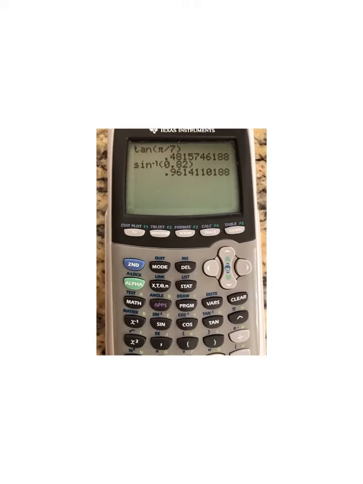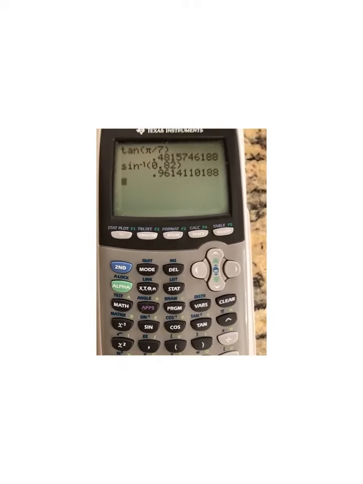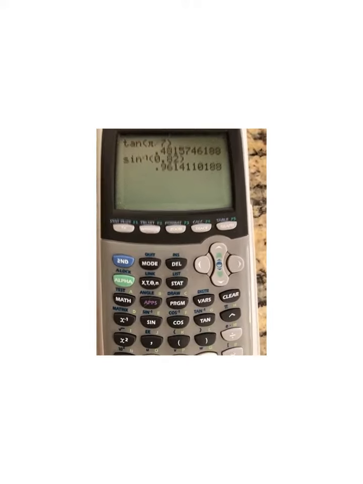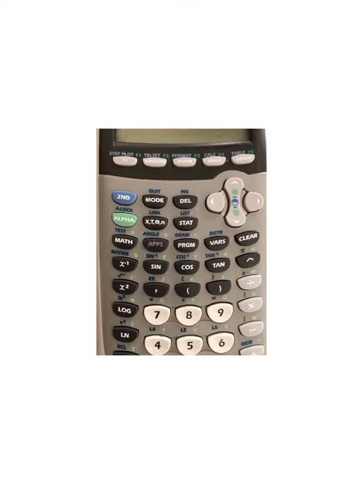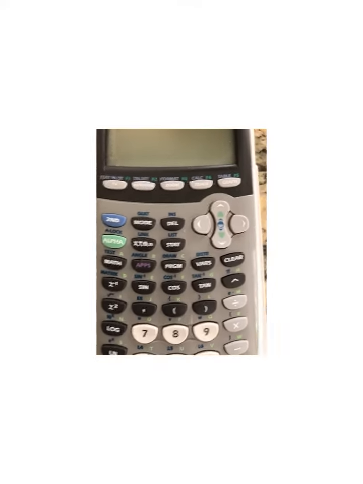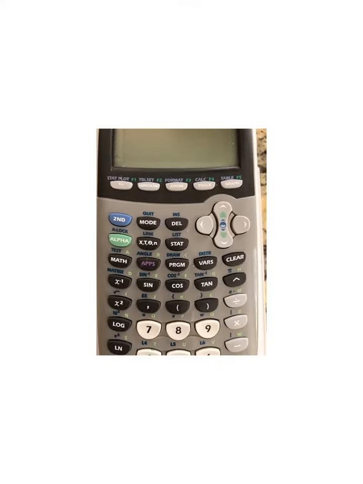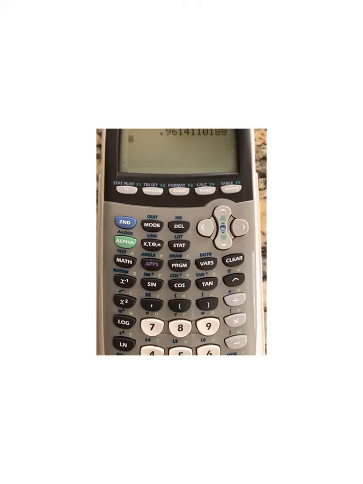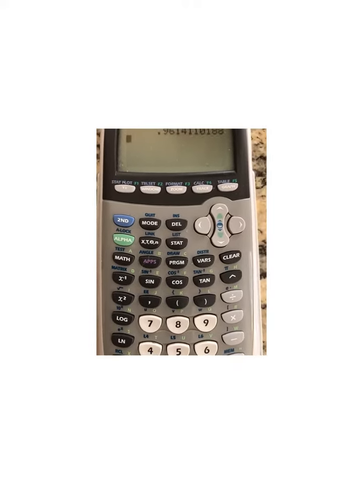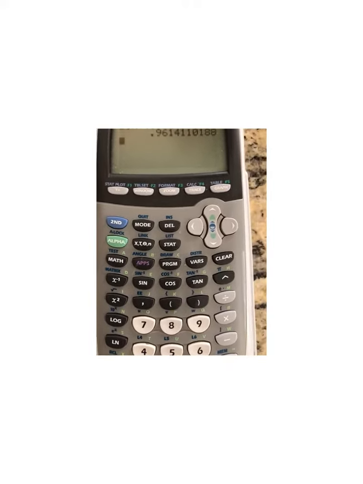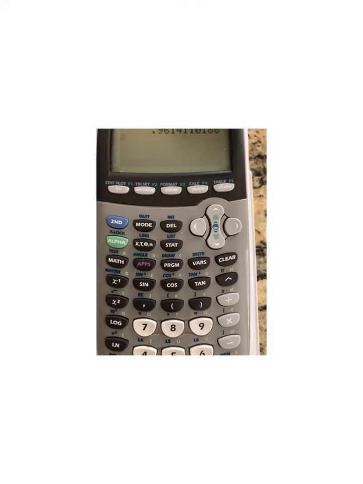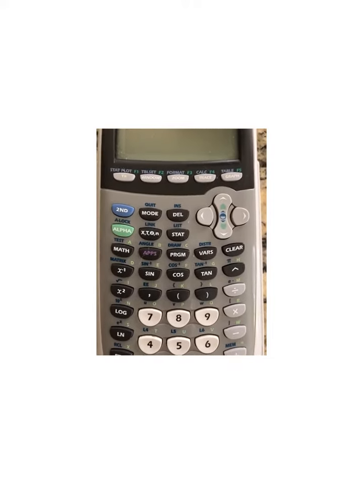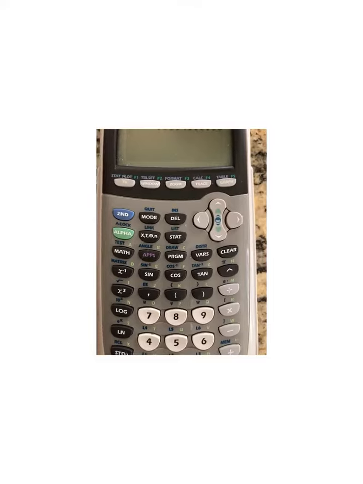Now let's go with the secant inverse of 2.1. Now, no matter how hard you look, you're not going to find that secant inverse button. So you're going to have to memorize the formula for it. Now, secant inverse of alpha is the same thing as cosine inverse of 1 over alpha. So secant inverse of 2.1 is the same thing as cosine inverse of 1 over 2.1.